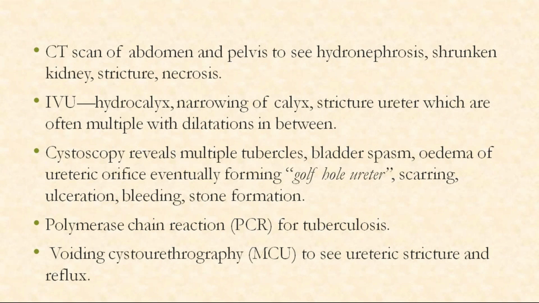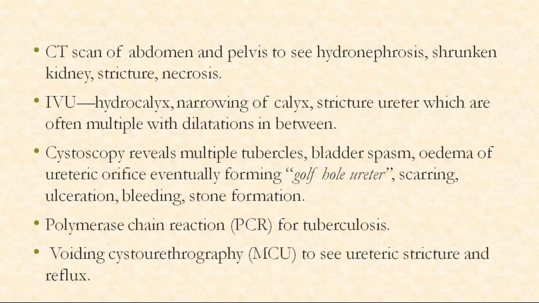That is called golf hole ureter. If we do not treat, what happens? There may be scarring of the bladder, ulceration develops, and ultimately stone formation and bleeding can occur. These are the consequences of tuberculosis of the bladder.